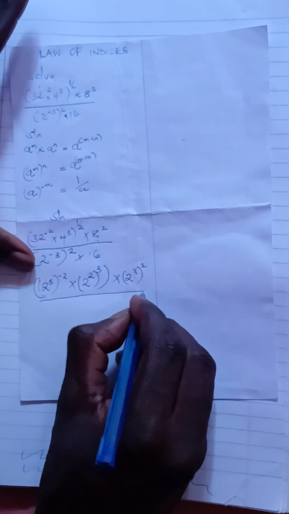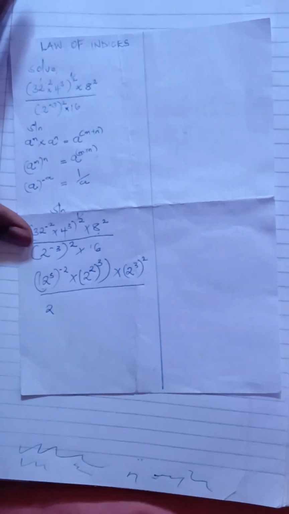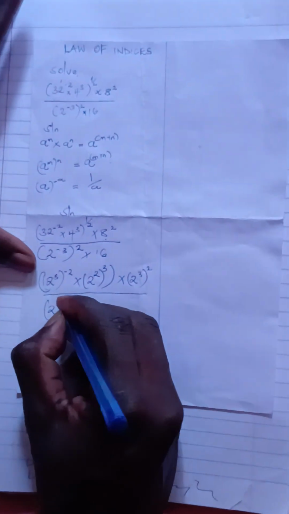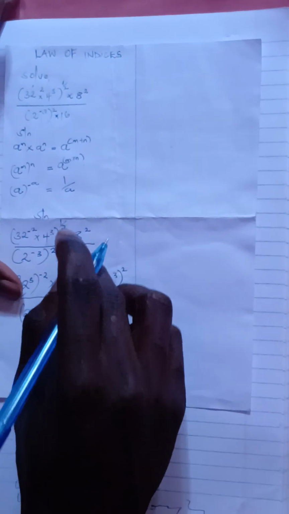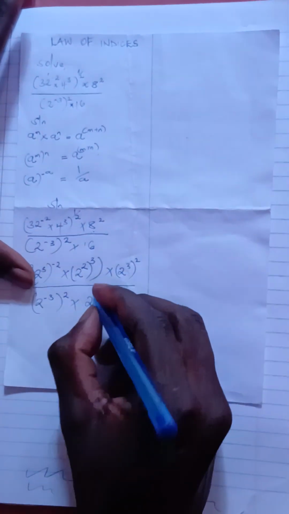Then the denominator, we're having 2, that one is already simplified to the base of 2, that's what we need, raised to negative 3, and 16 can be written as the base of 2 raised to 4.